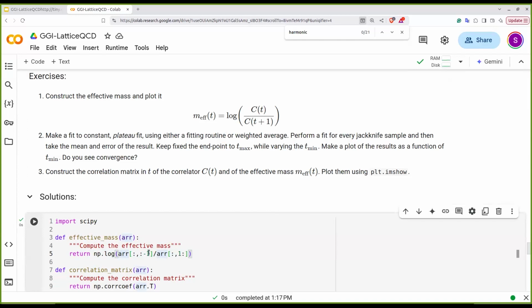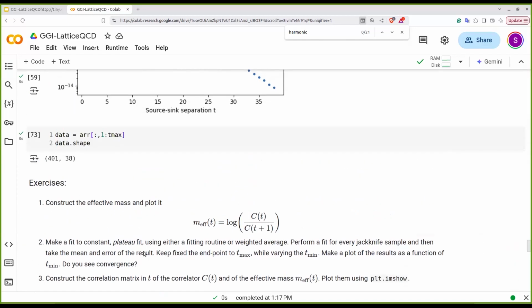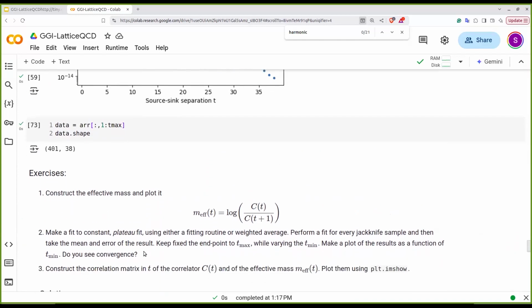Why am I putting the indices here and not T? You need to be careful, you need to put the indices here. This is because we want to stay within the jackknife resampled data. Your data has a shape of 401 data points by 38, where I remind you that 400 data points are the various samples of the mean over different configurations, here over the averages, while the 38 data points are the time separations.